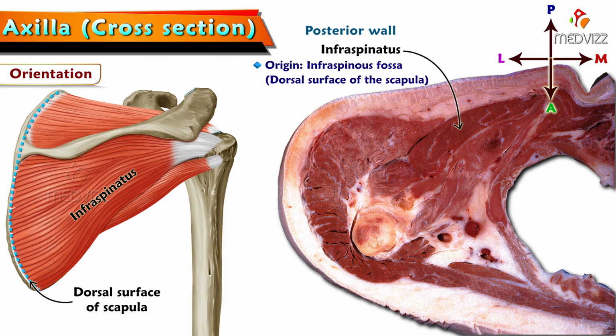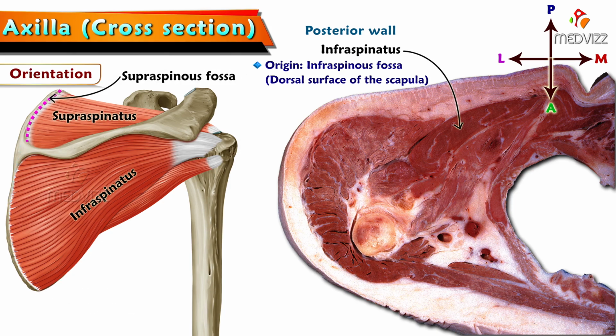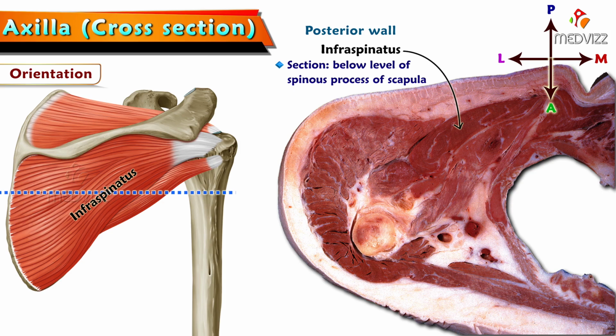The dorsal surface of the scapula provides attachment to two muscles, supraspinatus and infraspinatus. Supraspinatus attaches to the supraspinous fossa and infraspinatus to the infraspinous fossa. Here the section is below the spinous process, because the section is taken at the level of the shaft of the humerus.